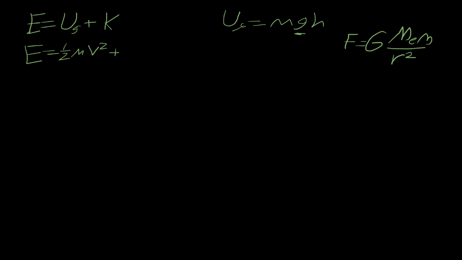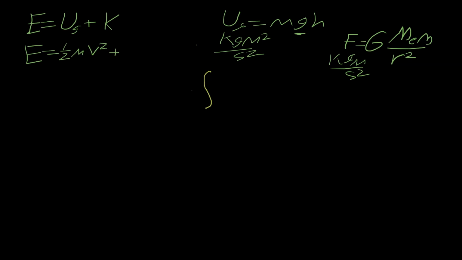If you take the integral of the force with respect to meters, which is the radius, it's going to give us our potential energy. If you just look at the units, potential energy is kilograms times meters squared over seconds squared, and force is kilograms times meters over seconds squared. If we take an integral with respect to meters, we should get back to our potential energy. So that works out pretty great.